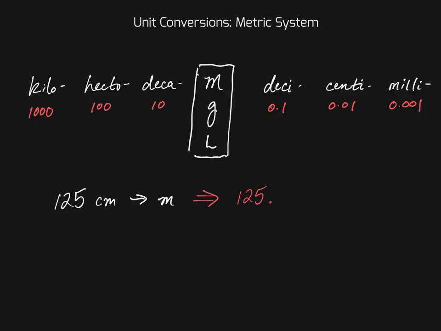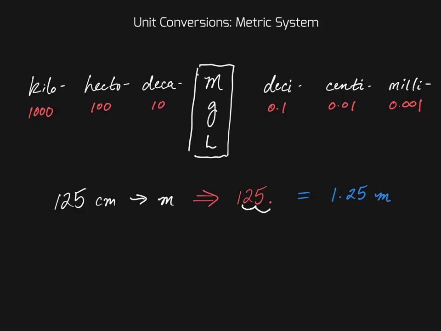So in this example, we move 2 spots to the left, so this decimal needs to move 2 spots. So 125 centimeters is equal to 1.25 meters.